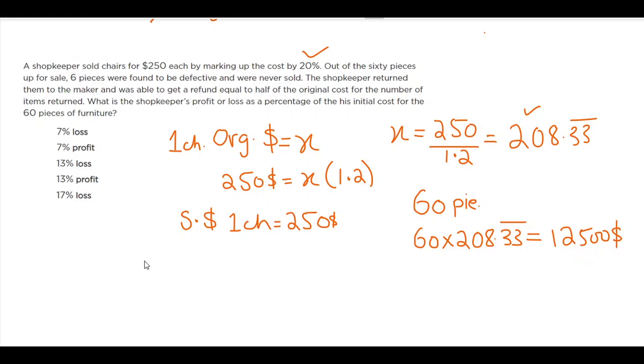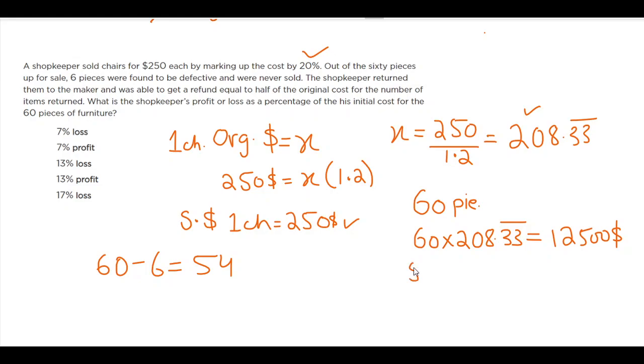So out of these 60 pieces, 6 turned out to be defective and were not sold. So 60 minus 6 leaves me with 54, and only 54 were able to be sold at this rate. So what would be the total selling price?